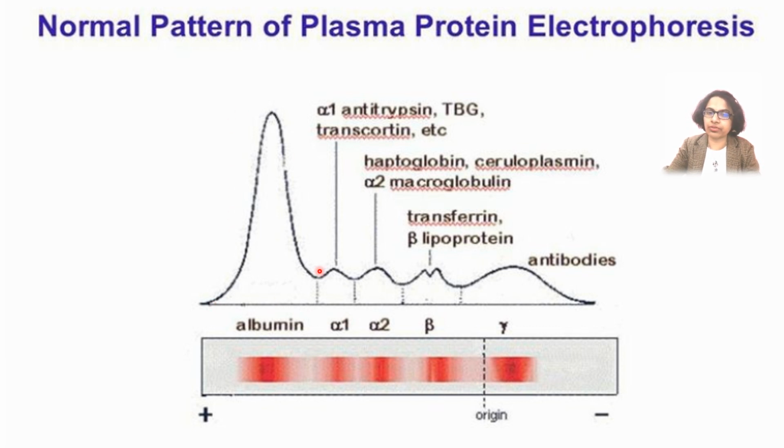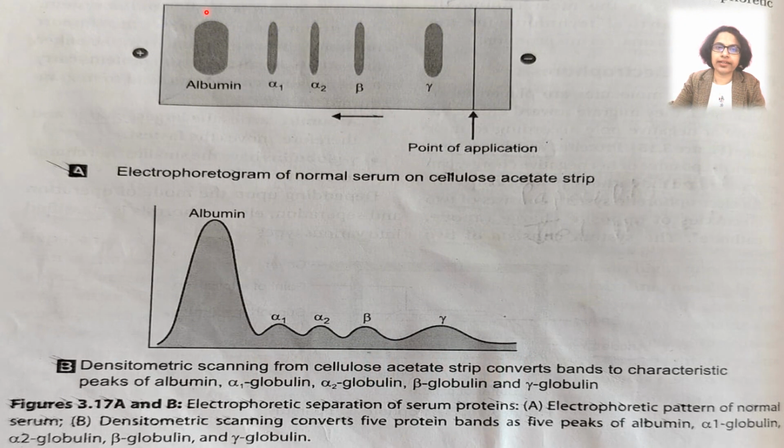Now you can see how the elevation of the structure will be noticed. If it is the normal electrophoretic pattern, it shows this kind of pattern, and we can see one side positive charge and another side negative charge being recorded. And this is also a normal pattern we can notice here.